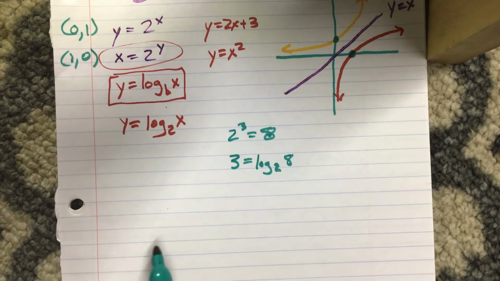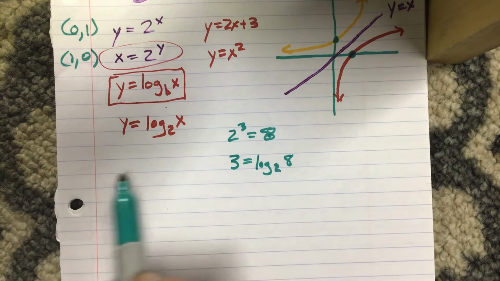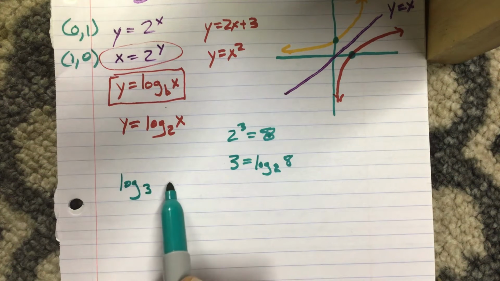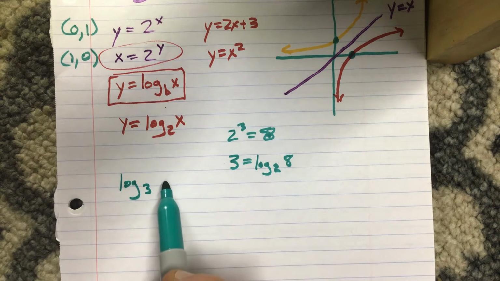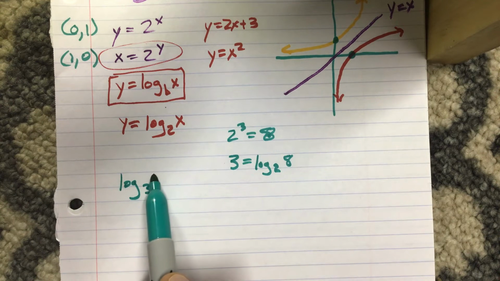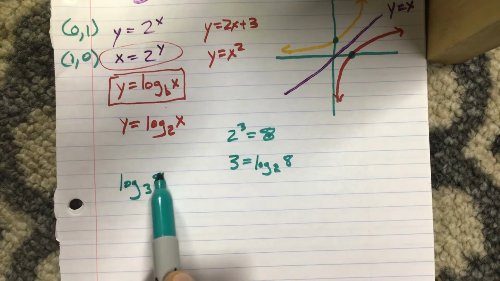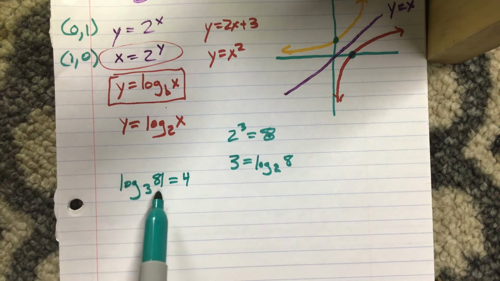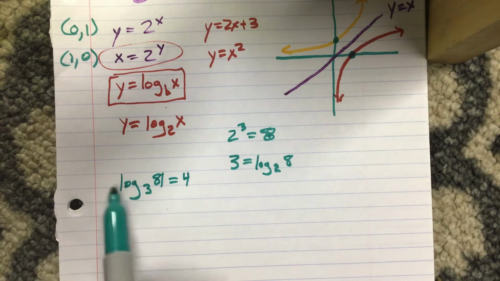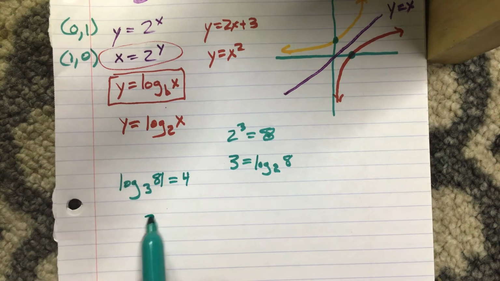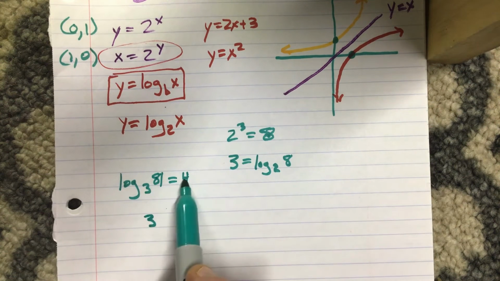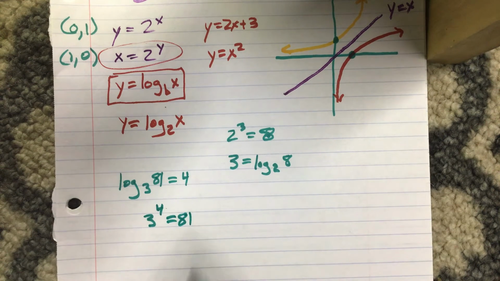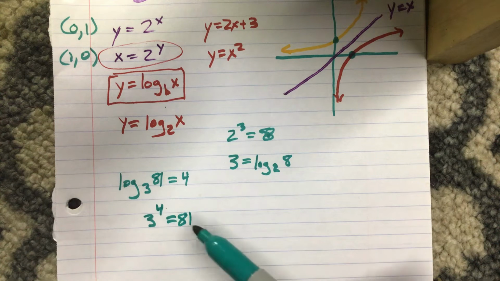If you were given in log form something like log base 3 of 81 equals 4, and you're asked to express this in exponential form, you would say 3, the base, to the 4th power equals 81, which we know is true because 3 times 3 times 3 times 3 is 81.